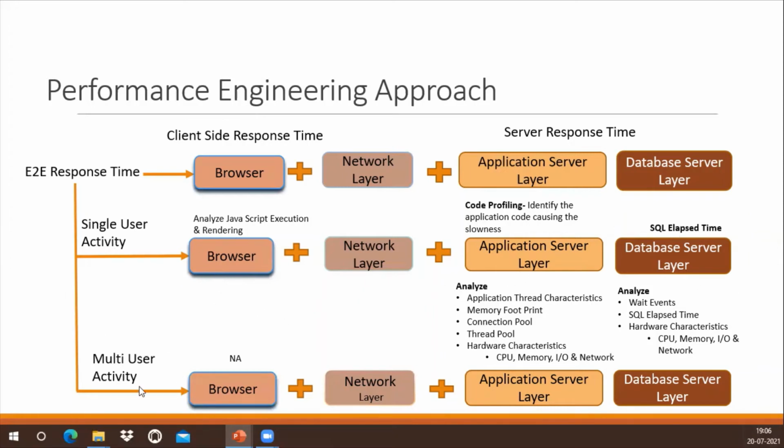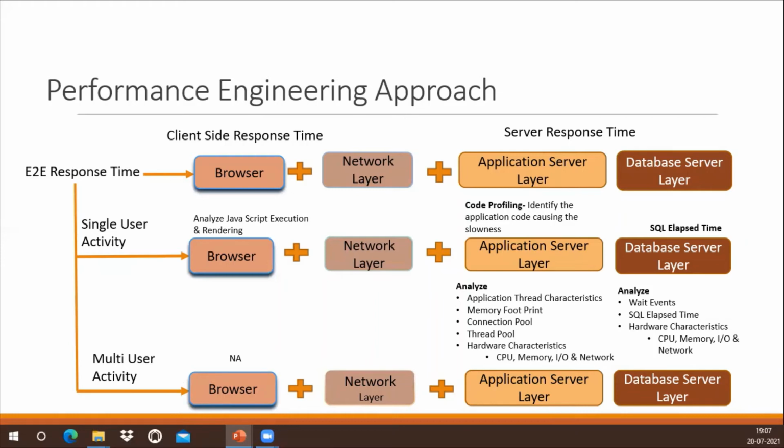Again, under the multi-user load, where more than one user is in the system, and if you observe some performance issues like the way we discussed in the previous session, we can start with the browser. Usually the browser should not have any issues under multi-user load, because browser activity is always independent.